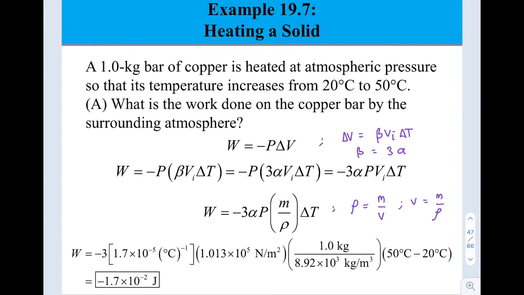So substitute that information for volume initial, times delta T. Then substitute the rest of the information in terms of the figures, right? This one can be in terms of Celsius. No need to put it in terms of Kelvin. How to know? Because your alpha here, the unit is per degree Celsius. Therefore, your delta T you may put in terms of degree Celsius. So it cancels out the unit here. So you have this amount of work done on the bar of copper.